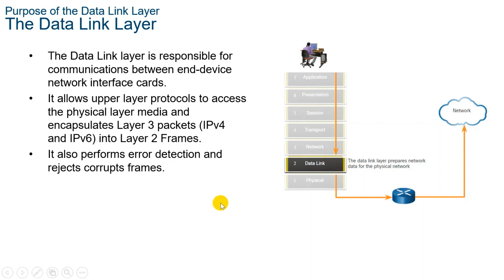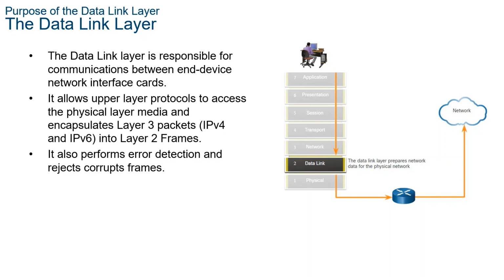It enables the upper layer to access the media. The upper layer protocols are completely unaware of the type of media that is used to forward the data. It accepts data, usually layer 3 packets, for example IPv4 or IPv6, and encapsulates them into layer 2 frames. It controls how data is placed on and received from the media.